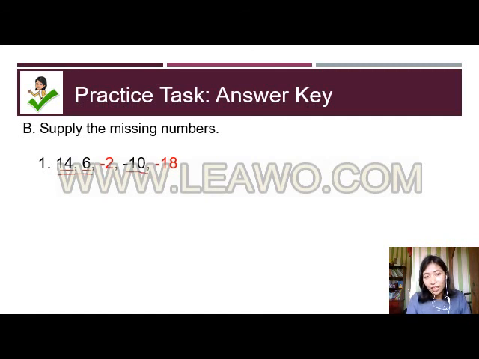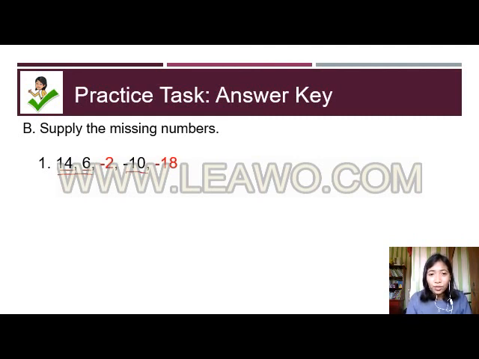So here, 14, 6. So let's think, what was done with 14 to get 6 as the next term? Okay, so we subtract. Okay, since it decreased, meaning we subtracted 14 minus 8, then we get 6. And let's do that also to get the next one.